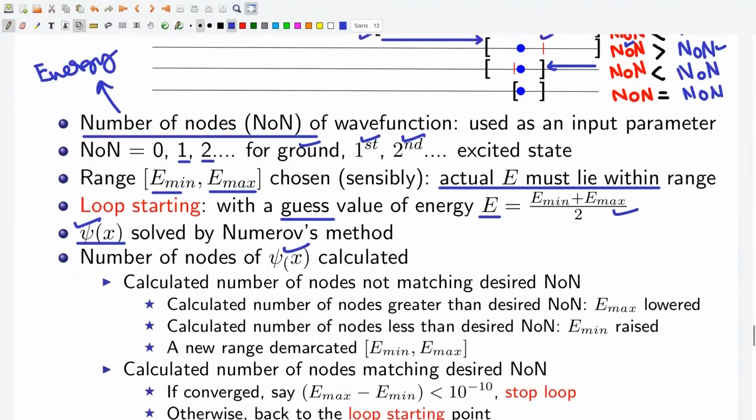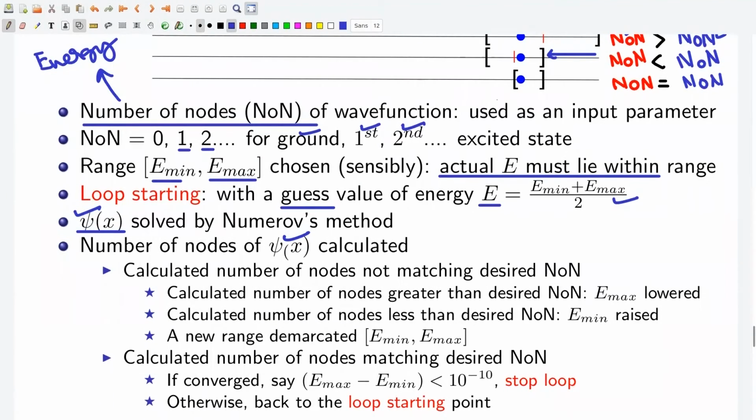Also you see that as we keep doing this, the lower limit and upper limit keep moving towards each other. And when do we say that the calculation has converged? When the difference between the upper limit and lower limit is a very small number, for example, 10 power minus 10.